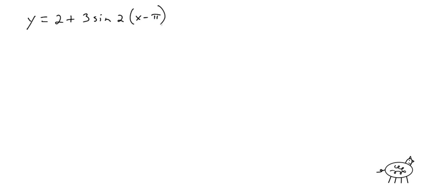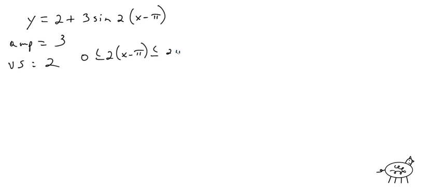A few things I can pull off of this right away: the amplitude is 3, the vertical shift is 2, and then to figure everything else out, I set 2 parentheses x minus pi between 0 and 2 pi.